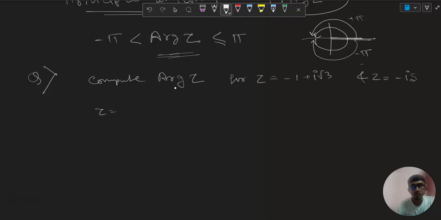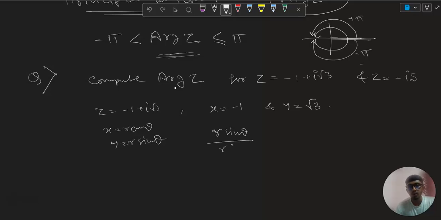So for z equal to minus 1 plus i root 3, here x equal to minus 1 and y equal to root 3. And what did we know? x equal to r cos theta, y equal to r sin theta. So here we get r sin theta by r cos theta equal to root 3 by minus 1, which is equal to minus root 3.